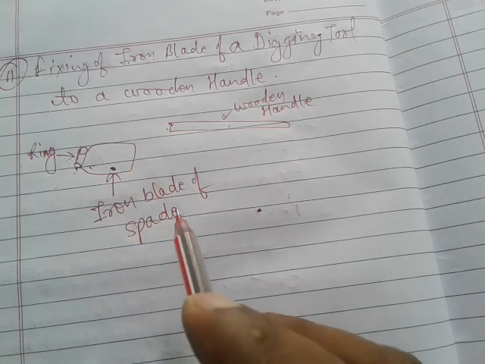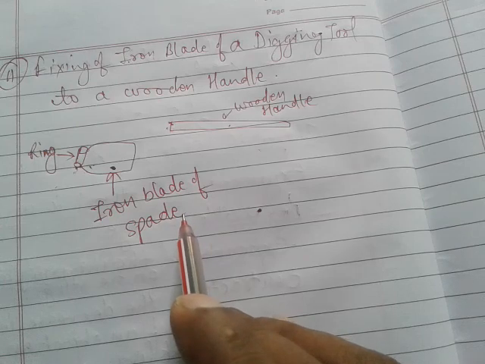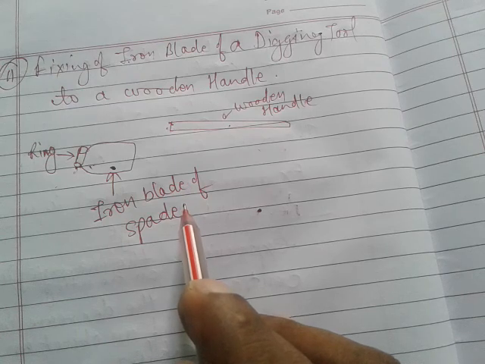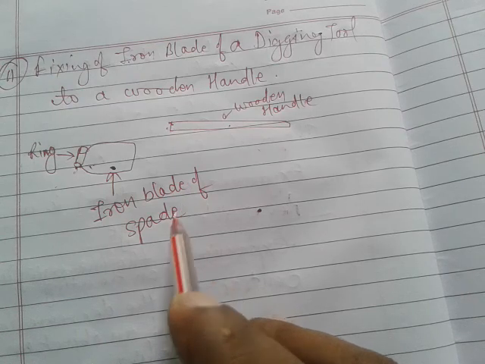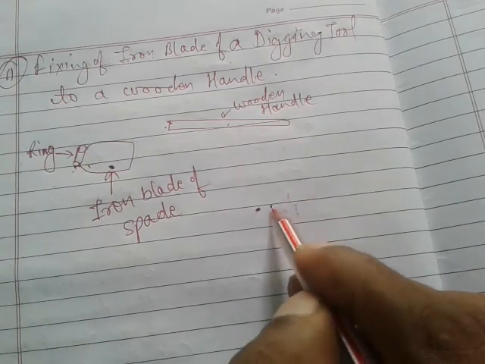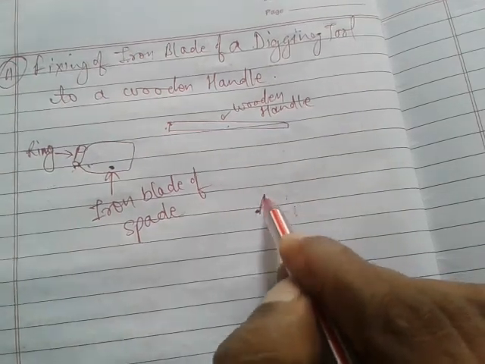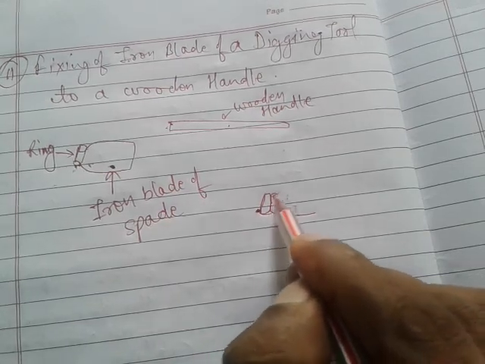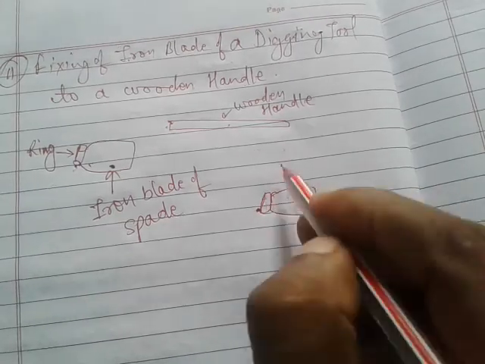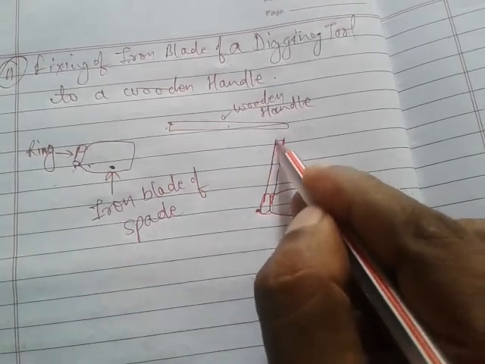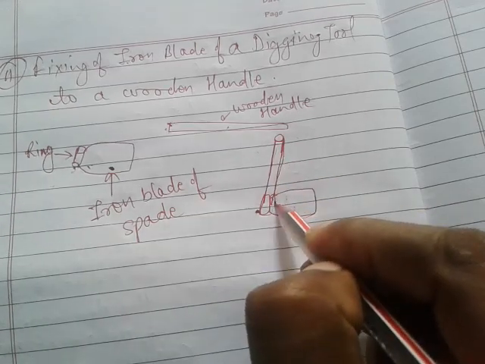and finally we are able to fix the wooden handle into the ring of the iron blade of a spade, and we get a digging tool.